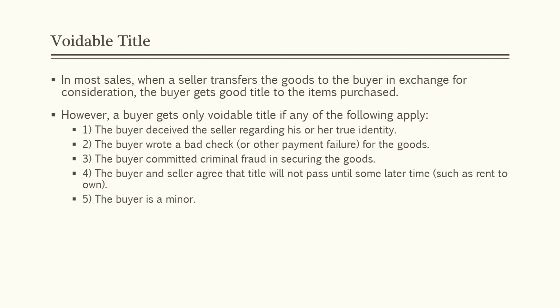Two, the buyer wrote a bad check or other payment failure for the goods, for example, if there is a failure of a transfer of funds. Three, the buyer committed criminal fraud in securing the goods. Four, the buyer and seller agree that title will not pass until some later time, such as rent to own. Or five, the buyer is a minor.